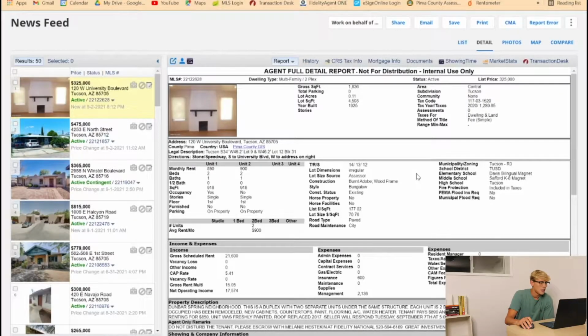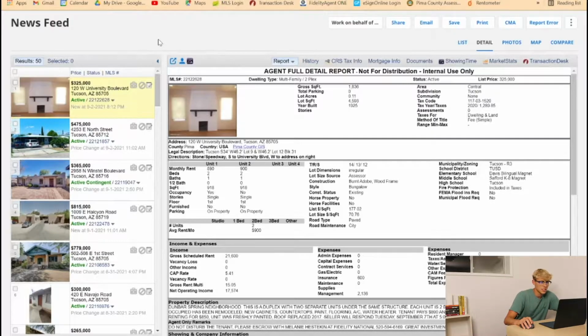So as you can see, I'm on a feed here that I personally use. It's a feed that brings in all multifamily houses within a specified zip code that I've set for myself. If you are not an agent and don't have the ability to go on the MLS, which is what I'm on, then you can use Zillow, Realtor.com, something like that.